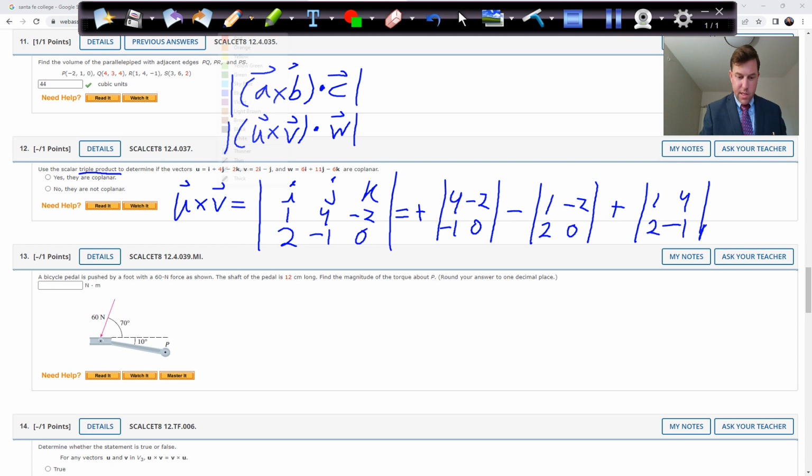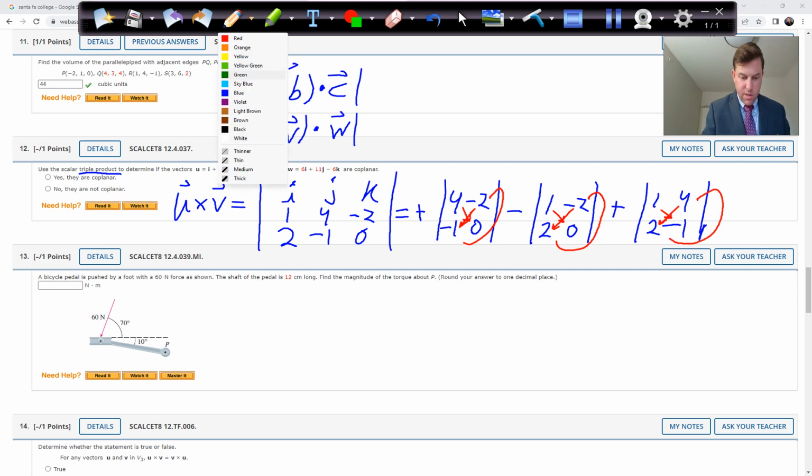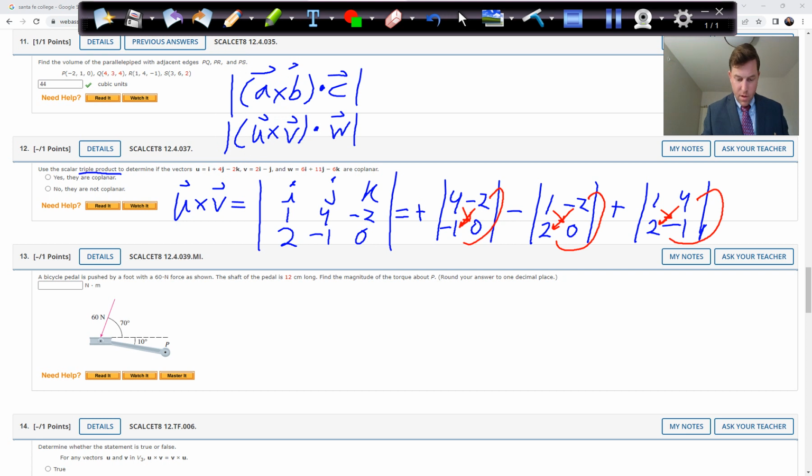And I guess it's been a little while, so let me show it again. You do this multiplication and then subtract the other way. You do this multiplication and then subtract going the other way. You do this multiplication and then subtract going the other way. So to do this, you get 4 times 0, which is 0, minus, okay, you got triple negative here. Minus 2 times minus 1, which is positive 2, but there's a minus inherent in this backwards multiplication, so you get minus 2 out of that.